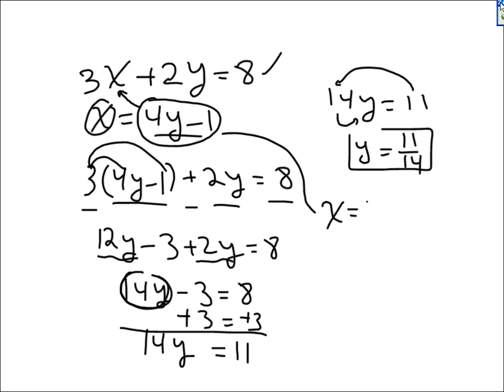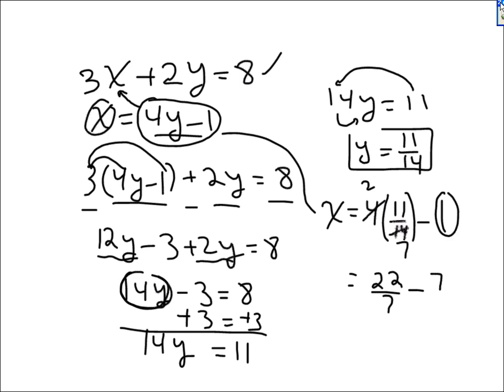X is equal to 4 times y minus 1. And 2 goes into this number 2 times, and that number 7 times. So you get 22 over 7 minus, I'm going to say the 1 is 7 over 7, for two reasons.